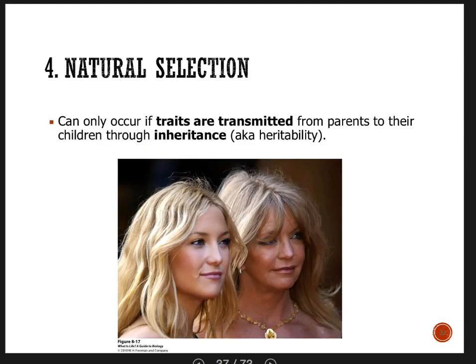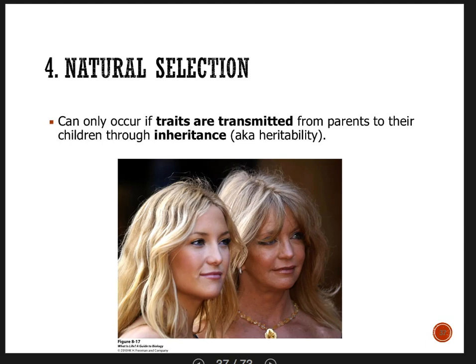Next is that you've got to have traits that are transmitted by inheritance. We say the word heritability. It has to have heritability, or we also say that the trait has to be heritable. Those are all different ways of saying that children look like their parents because of the genetics. So there you have it.